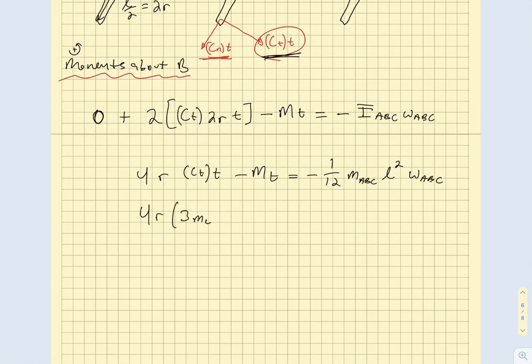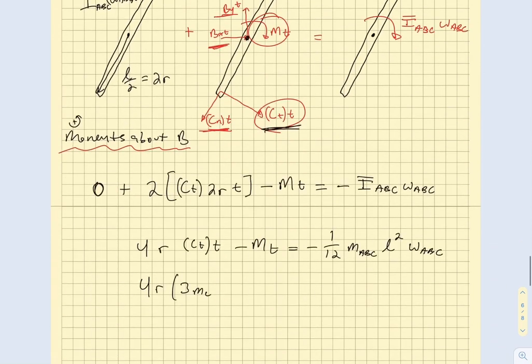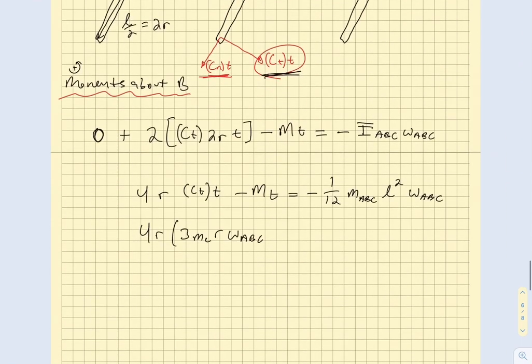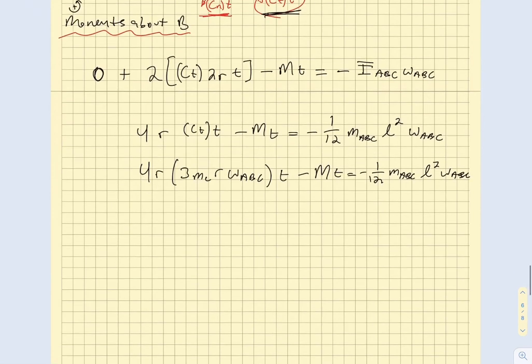And then we can put in for what we know here, for what CT is. CTT is just equal to the 3MC R omega ABC.